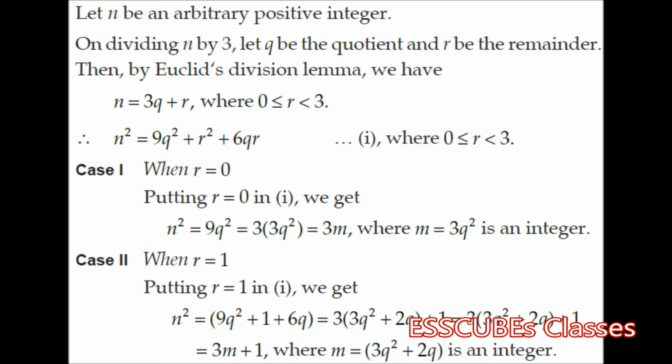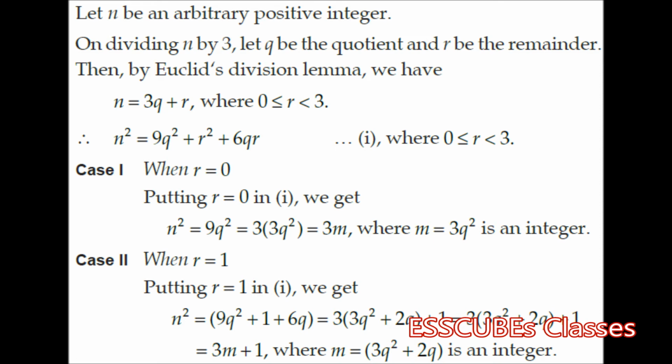Let n be any positive integer, the same way we begin. So this can be represented as n is equal to 3q plus r, where q happens to be my quotient and r my remainder. Since it is 3, so the remainder can be what? 1 less than 3, that is 0, 1 and 2. So I have three cases over here.